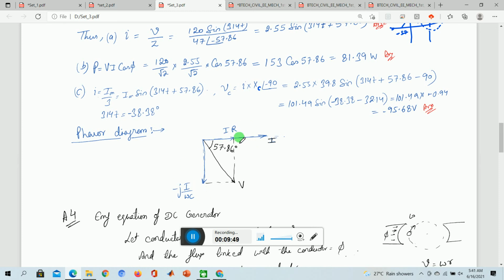VR is that when current is multiplied with R, we get this VR in the same direction of I. When current is multiplied with XC, we get I by omega C, and this minus of j will come, it will be downward direction. When we add these two, it will come out as V. V is the voltage. So the voltage and current, the angle is 57.86. This is VC and this is VR.